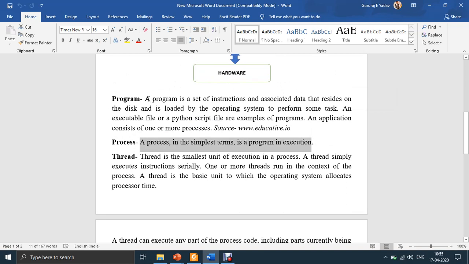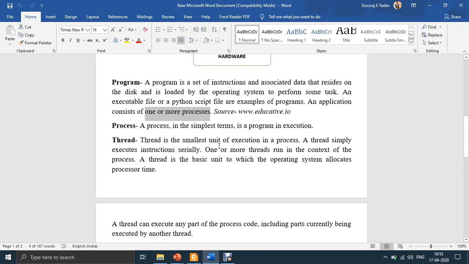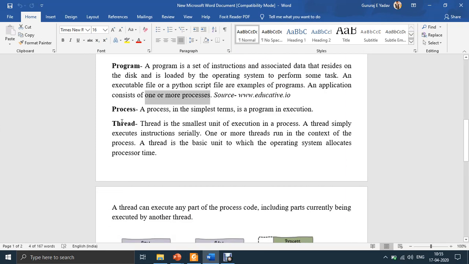A program is nothing but a set of instructions in the hard disk or secondary memory. As soon as you double click it, it will start to run. A program under execution, under running, is known as a process. A program can have multiple processes. Multiple processes are allowed for a program.